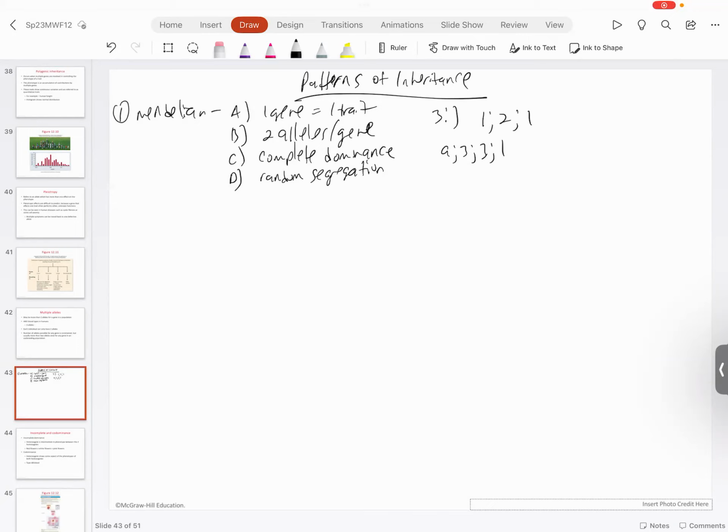Sometimes I'll see 12-3-1, or 15-1, or 9-3-4. You'll see different variations of 9-3-3-1. Each one of those is diagnostic, just like 9-3-3-1 is diagnostic of the dihybrid cross and 3-1 is the monohybrid cross. A 9-7 is the diagnostic ratio for epistasis.